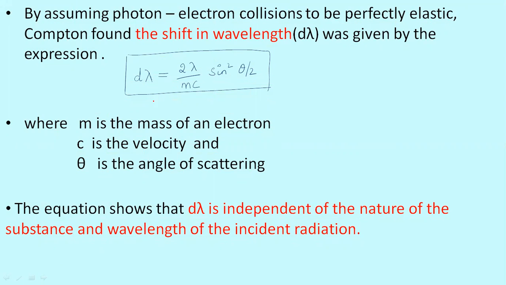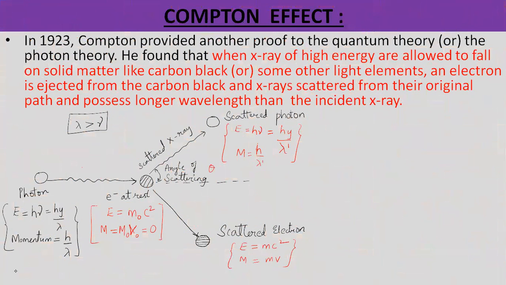Now, based on the assumption that the photon-electron collisions are perfectly elastic. Why are we calling it photon-electron? Because just see the diagram we discussed under the Compton effect. It is the diagram of photon and electron collision, right?